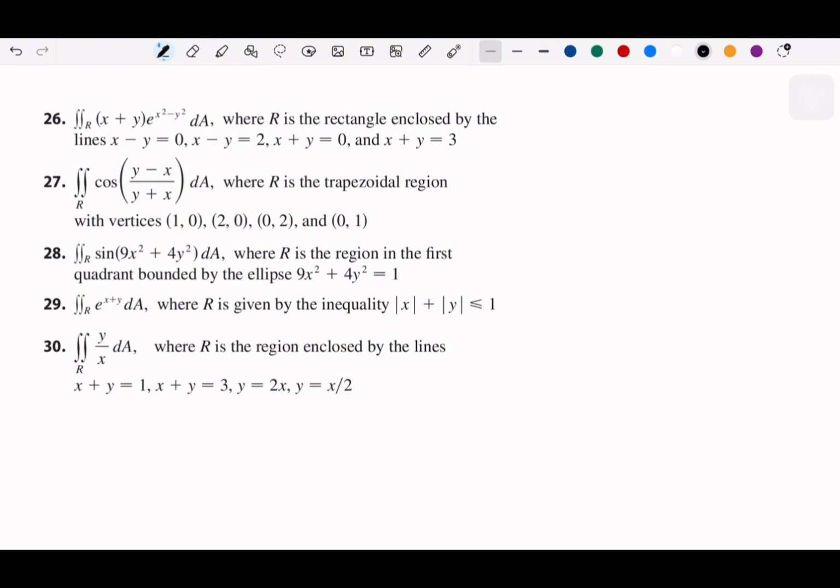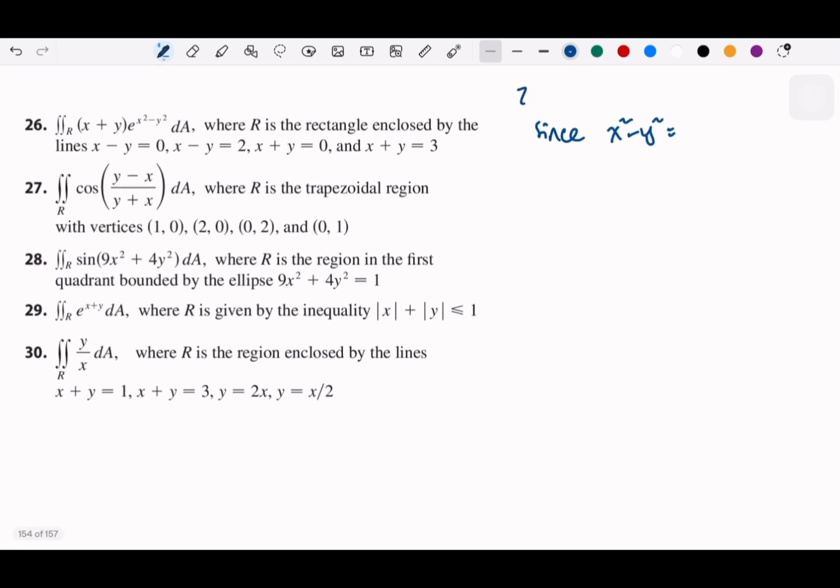So since x squared minus y squared, this is 26, we can write it like this. And we also have x plus y, so we let u be, for example, x plus y, and v be x minus y.